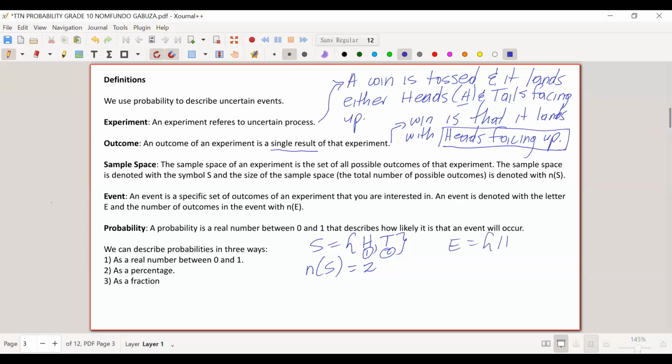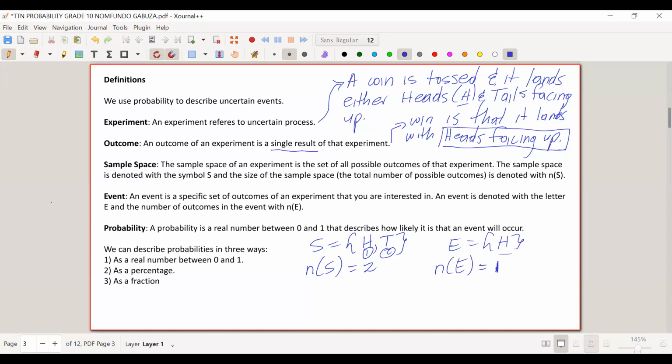So the set of this event is going to be H, right? The size is going to be n of E. The size of this event is going to be 1 because we are only interested in heads facing up.